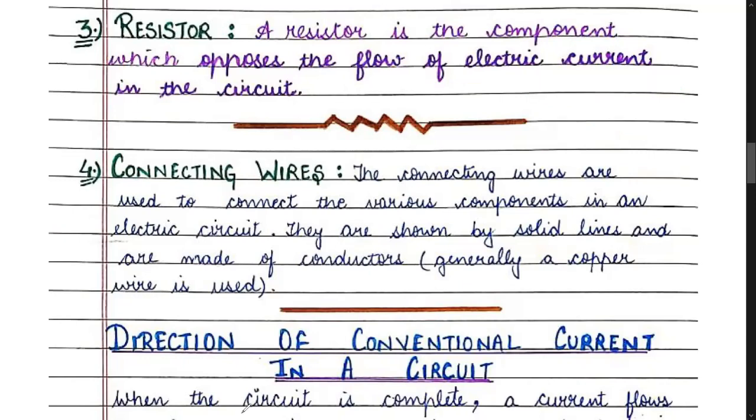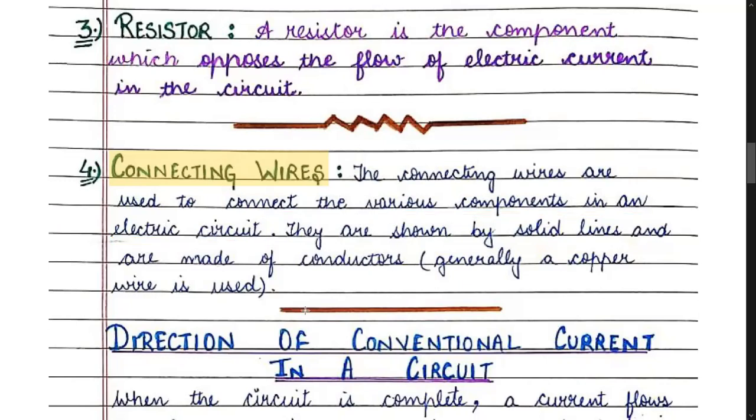Further, we will be having connecting wires, and students, as told you earlier today, connecting wires are used to connect the various components in an electric circuit. What is a connecting wire? The wires which are used to connect the various components in an electric circuit.